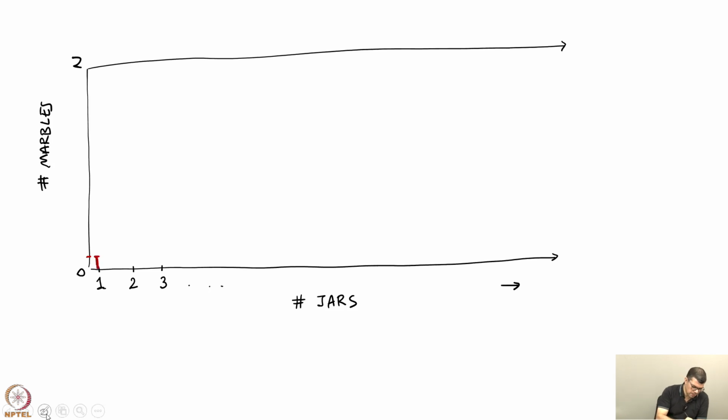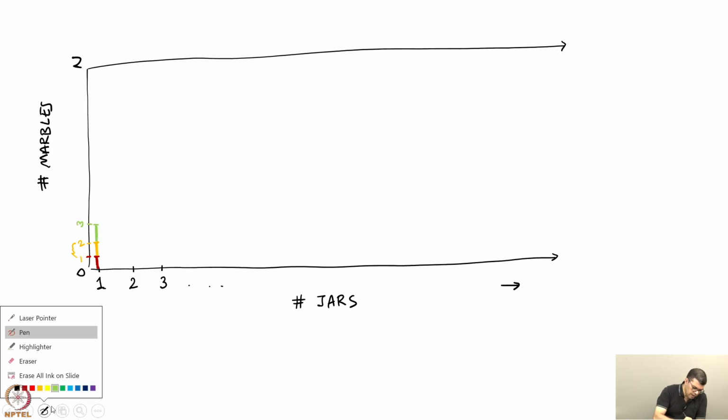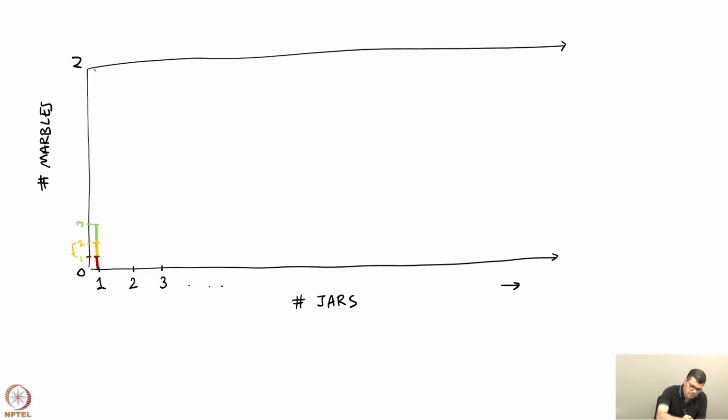How many orange ones were there? 1 to 2 is represented as the orange bar, because the distance from 1 to 2 represents the orange marble in the jar. Similarly, I will have a green bar which represents the green marble in the jar, and so on and so forth. So every color will have its own bar, ending with this purple one, which goes from n minus 1 to n.